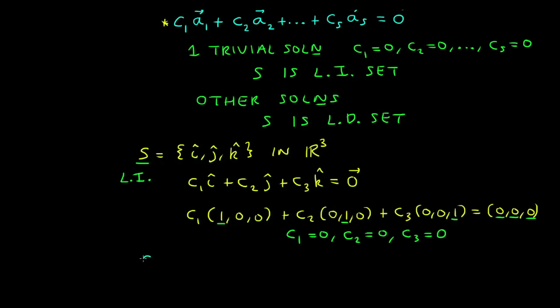Now another example is if we have the set of polynomials x, 1 minus x squared, and 1 plus 3x squared, in P2, being the vector space of polynomials with a degree less than or equal to 2.